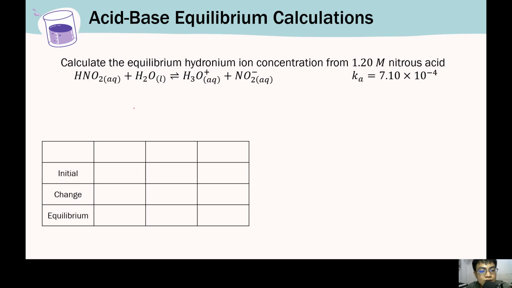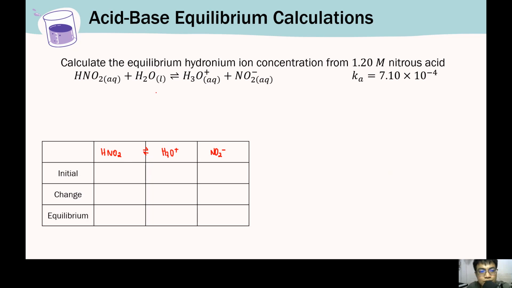And then your equation has to be written on top of the ice table. You should only write those in aqueous or the gas phase, meaning this one that is liquid should not be written. So I'll write it as HNO2 in equilibrium with H3O plus and NO2 minus.